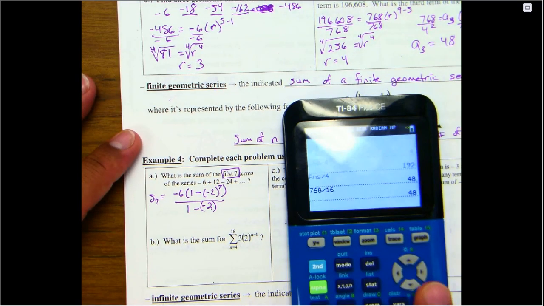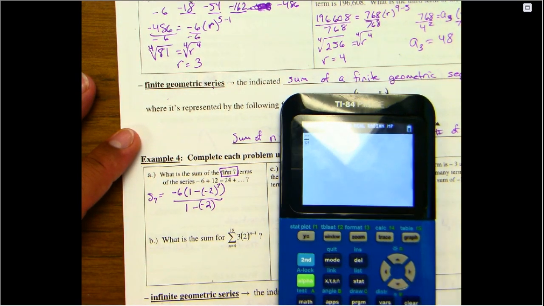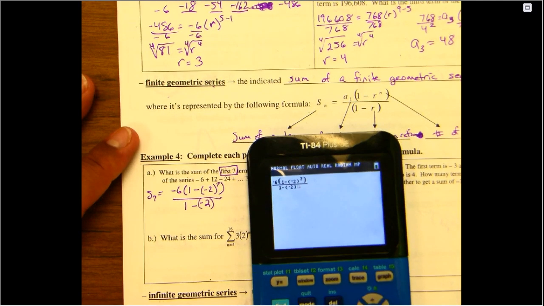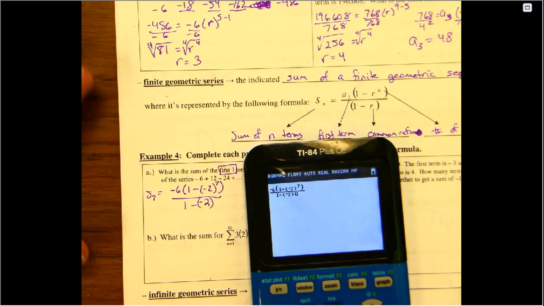All right, so we'll type this in the calculator. Notice that I typed it in exactly the way I have it on my paper. Put the parentheses around that R value, because if you don't, your calculator is not going to do the correct order of operations.